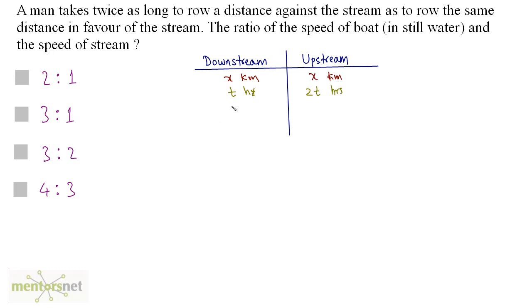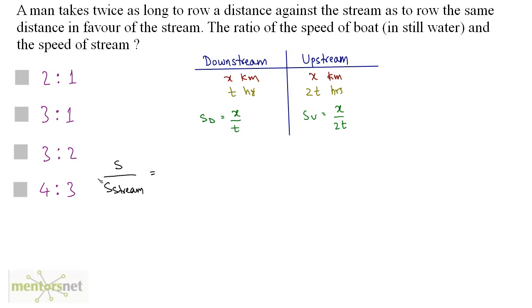Now we have the time and distance, we can calculate the downstream speed. Downstream speed is equal to x by t, and the upstream speed is equal to x by twice t. Now let us get to what is asked. The ratio of the speed of the boat in still water and the speed of the stream. So what is asked is S by S stream.